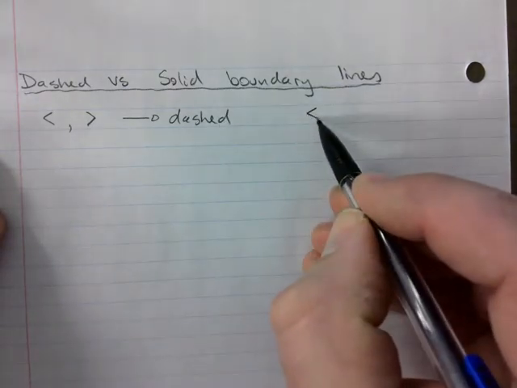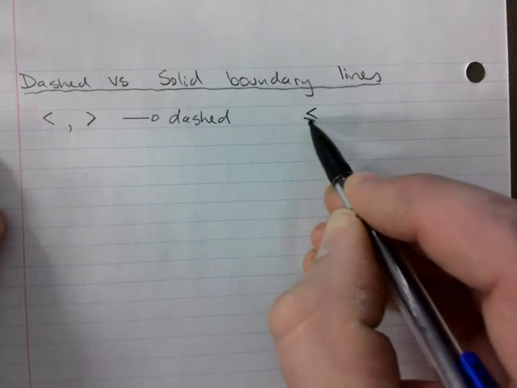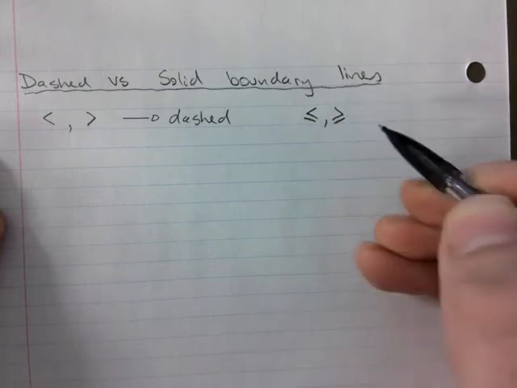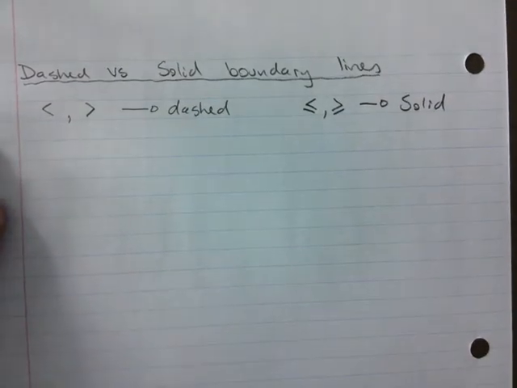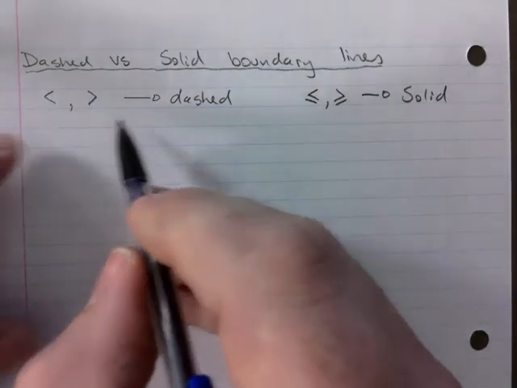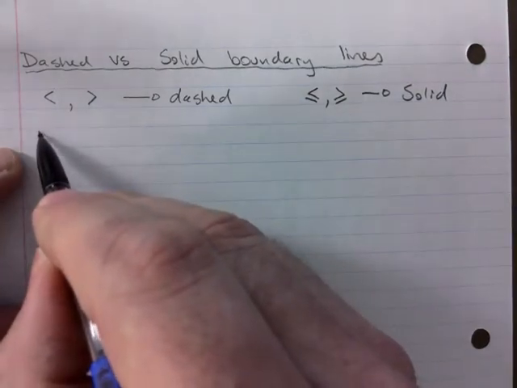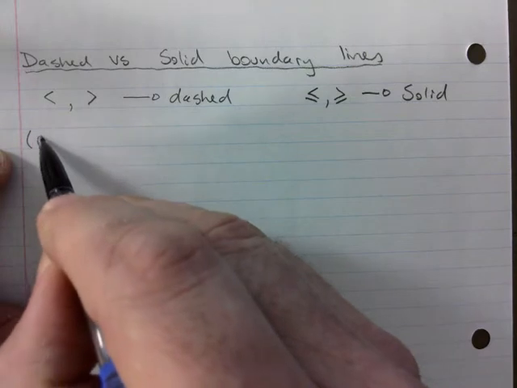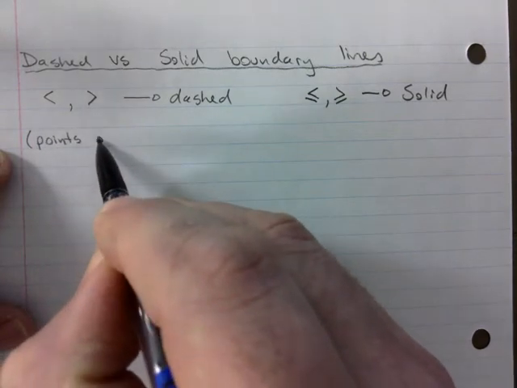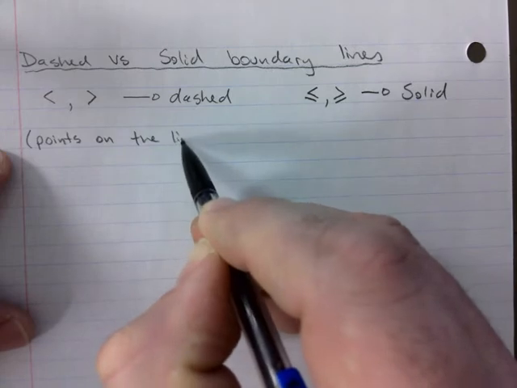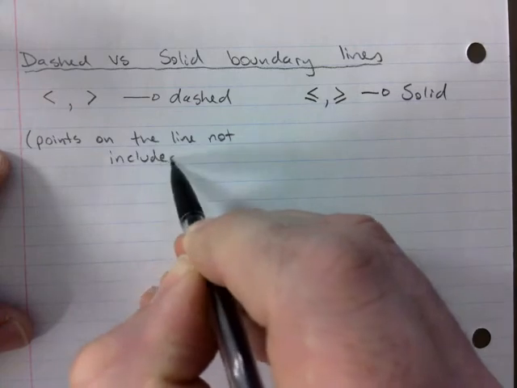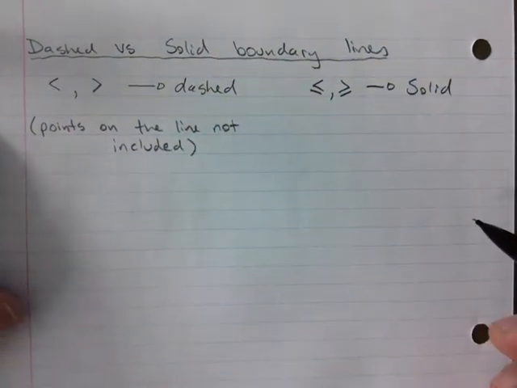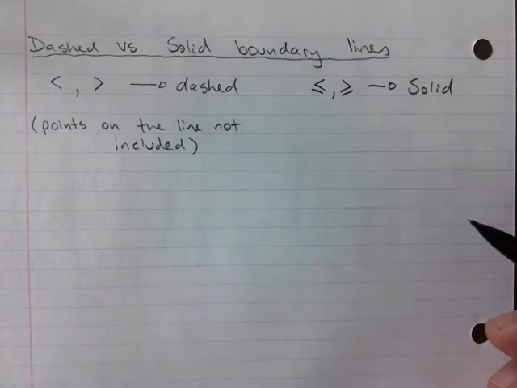And if it's this, like less than or equal to, or greater than or equal to, it's going to be a solid boundary line. And what that means is if you have a dashed line, I'll put a note here: points on the line not included. If it's dashed, the boundary line is there, but the points on that line are not to be included as part of your solution.